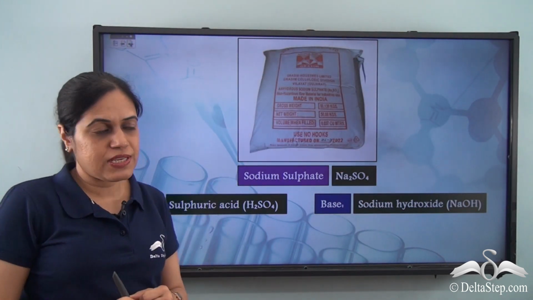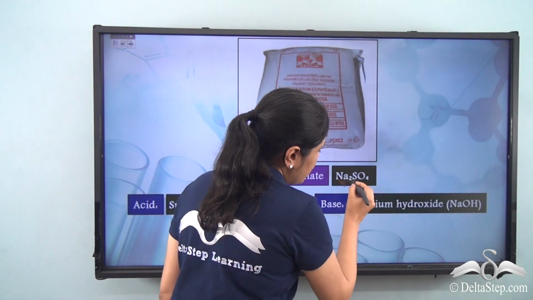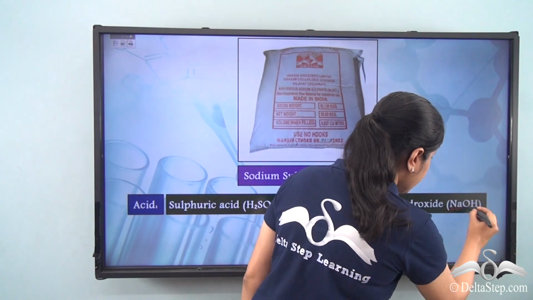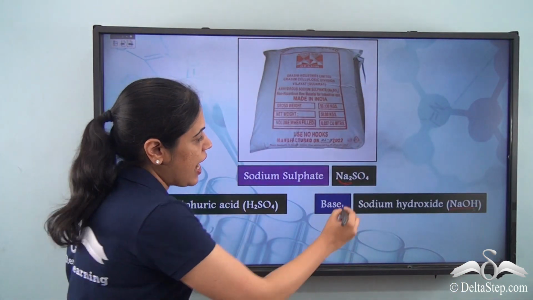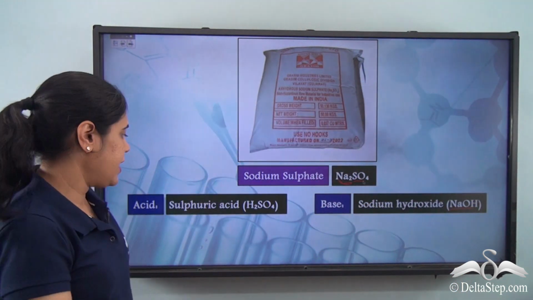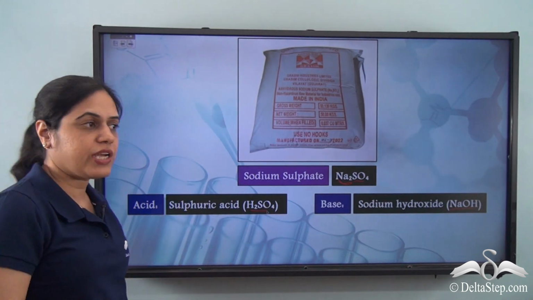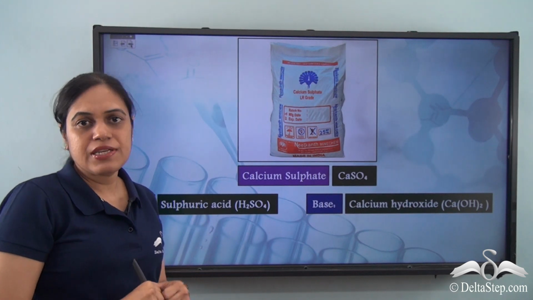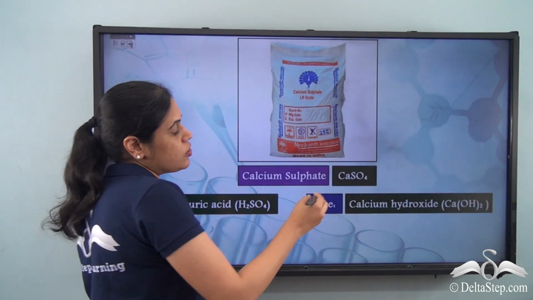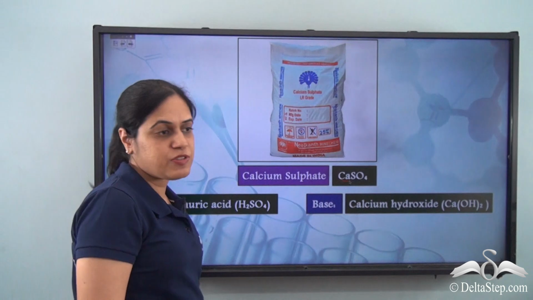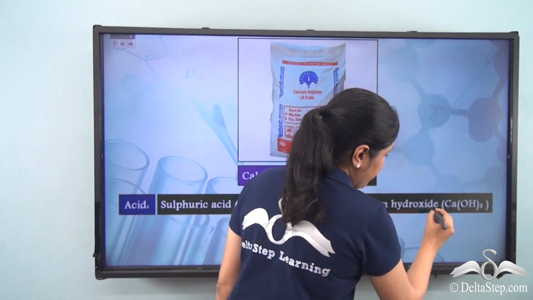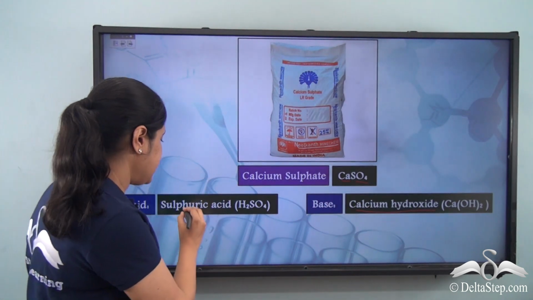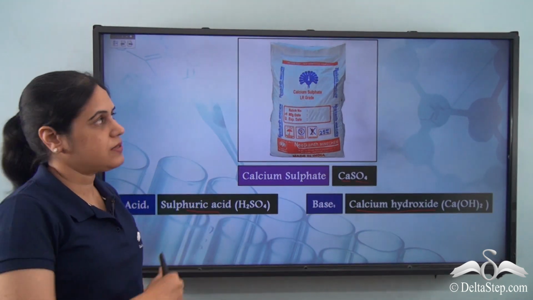Similarly, for sodium sulfate, the sodium ion comes from the base sodium hydroxide and the sulfate ion once again comes from sulfuric acid. Calcium sulfate is another salt. The calcium ion comes from the base calcium hydroxide and the sulfate ion comes from the acid sulfuric acid.